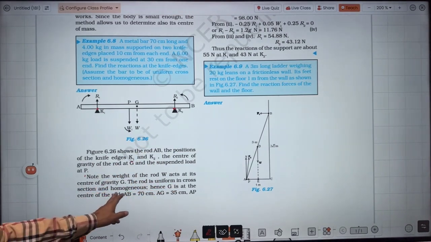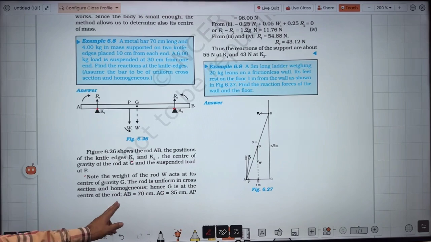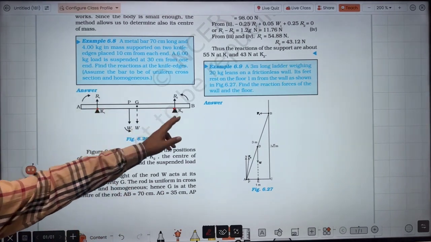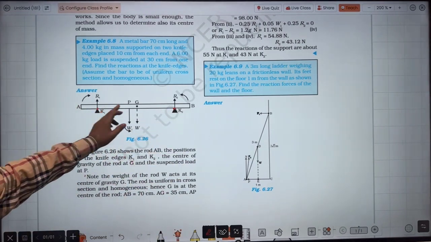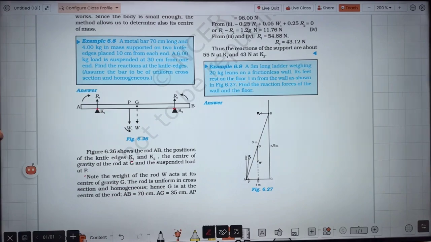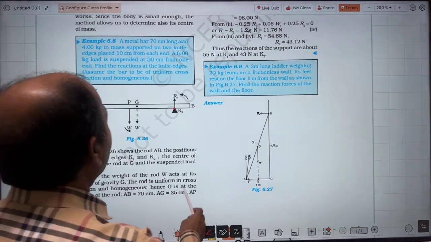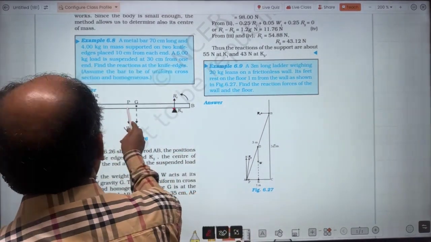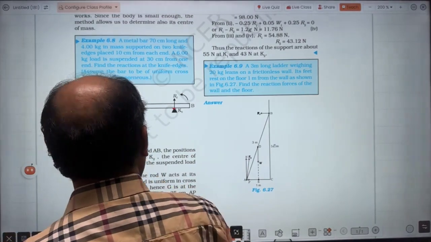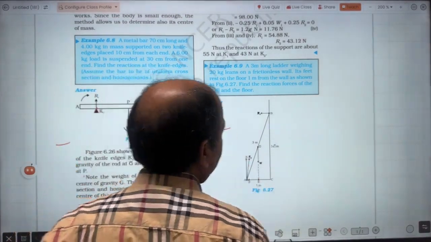The rod is uniform in cross section and homogeneous, hence G is at the center of the rod. So the total was 70. So AG will be from here to here, this is 35 centimeter.